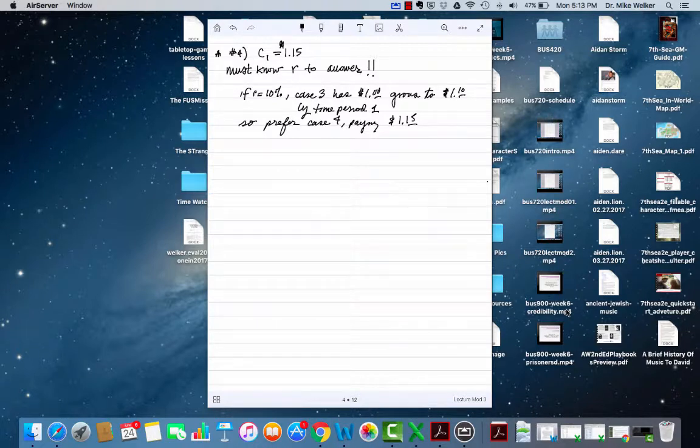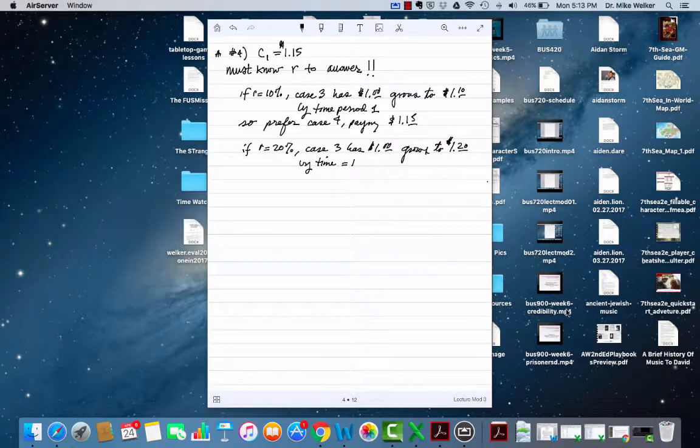Well, what if the rate of return were 20%? If R were 20%, case 3 has $1 to start off with, and it grows by 20% to be worth $1.20 by time 1.